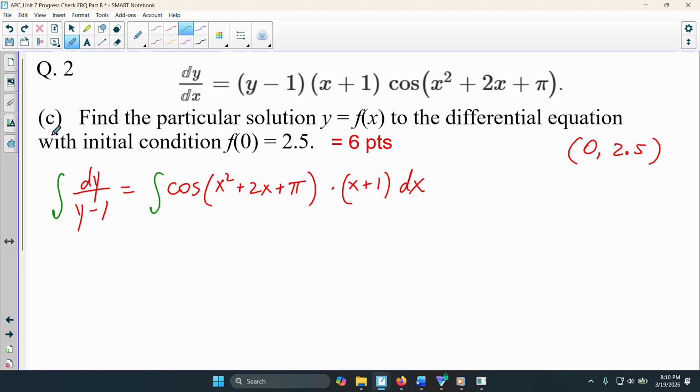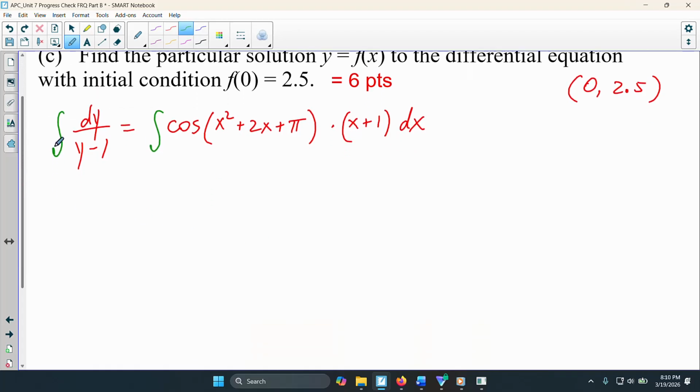Now this side is actually pretty easy. This side we're going to talk about in a second, but this is simply ln of the absolute value of y minus 1, right? That should be instant recognition at this point. It would have been nice, but really not essential, if that minus 1 wasn't there. It would be just ln of the absolute value of y, but that's part of it. This is like a miniature baby u-sub.